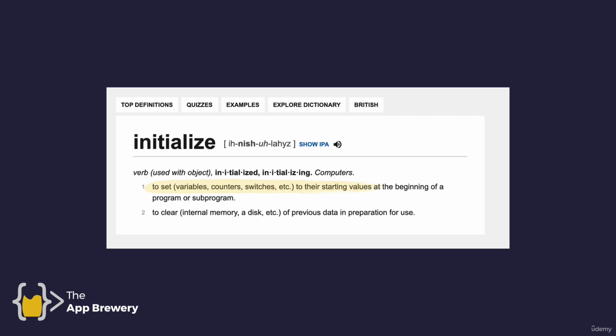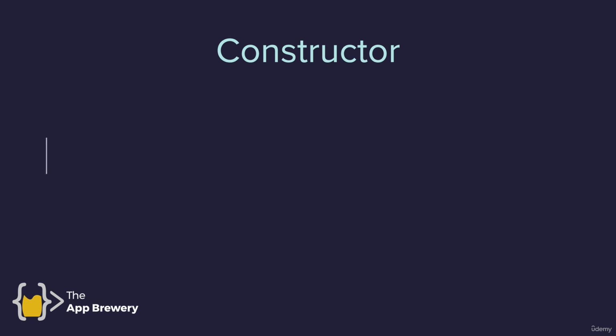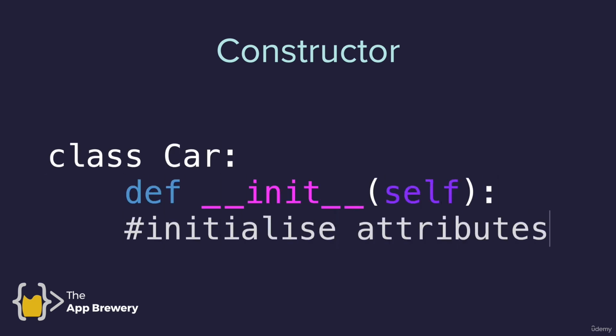In Python, the way that we would create the constructor is by using a special function, which is the init function. And you can tell it's special because it isn't just the def keyword and then the name of the function. It's got 2 underscores either side of the name. And this means that it's a special method that the Python interpreter knows about. Now, what is the special function? It's normally used to initialize the attributes.